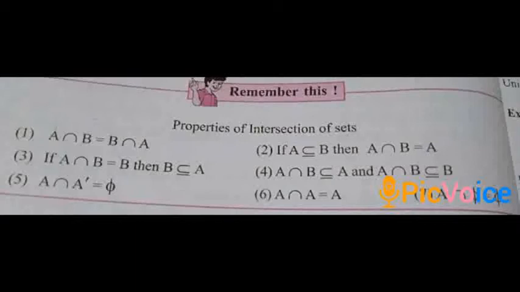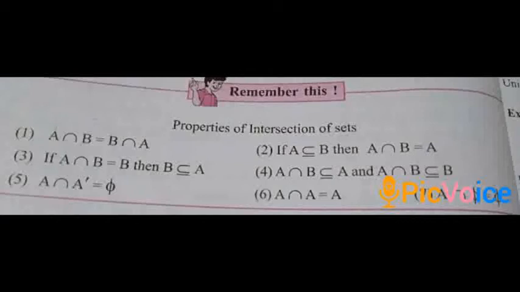A and B are both equal sets. Actually, this is incomplete in the textbook, so please complete this fourth one. A intersection B is a subset of A, and A intersection B is also a subset of B. That means all the common elements are in A and all the common elements are in B. That means that A and B are two equal sets. So write down over there, they are equal sets.